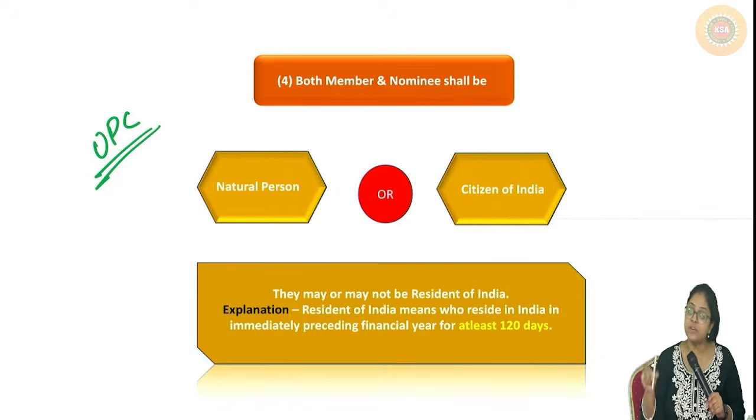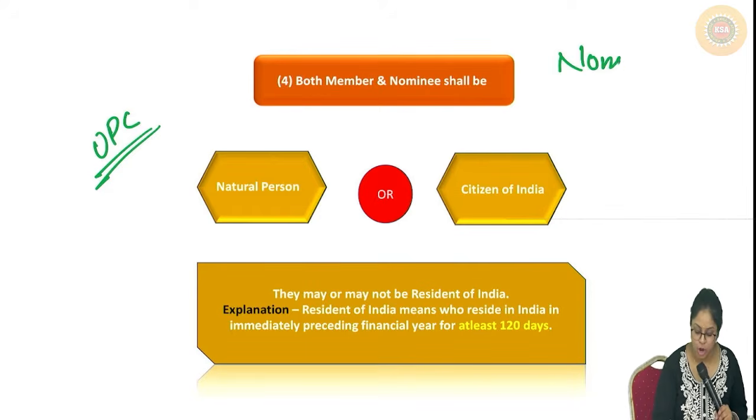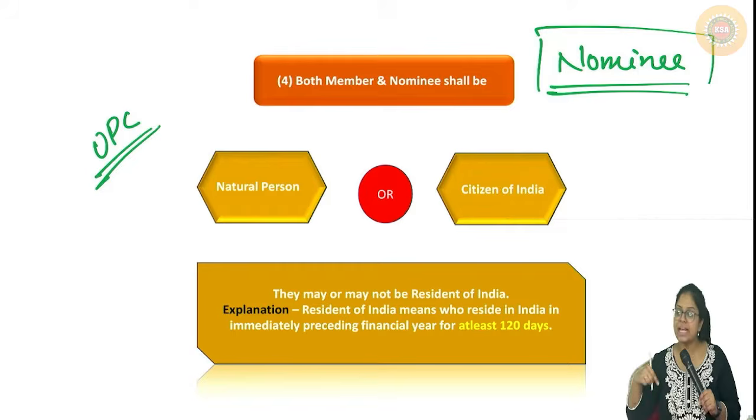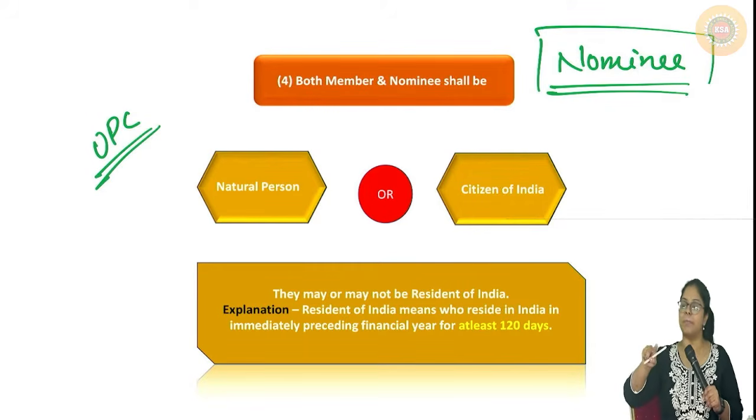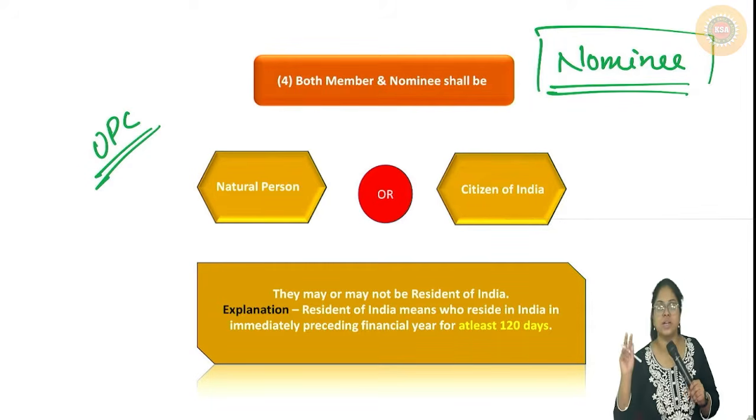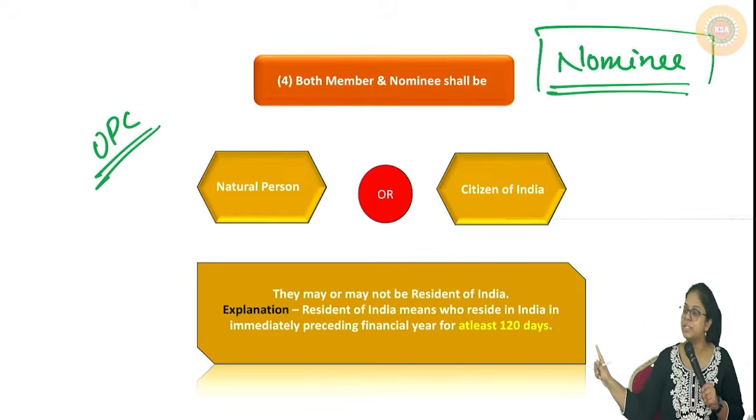For that reason, whenever you form a one-person company, it is compulsory to have somebody called a nominee. In case tomorrow something happens to the member, who will step in instead of the member? The nominee will step in instead of the member. So it is very, very important for a one-person company.